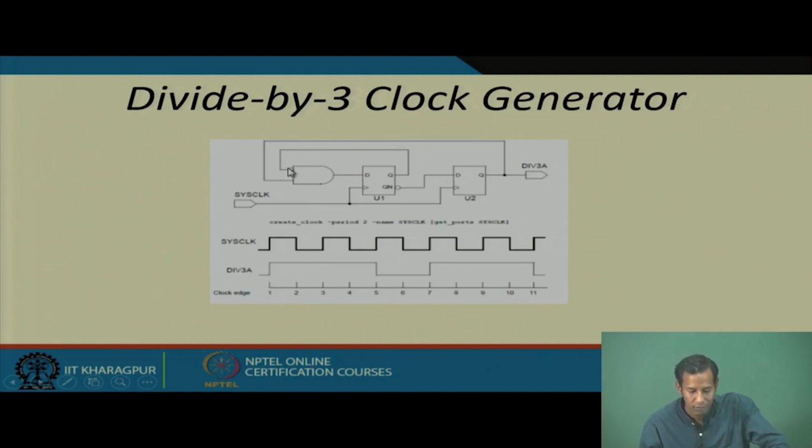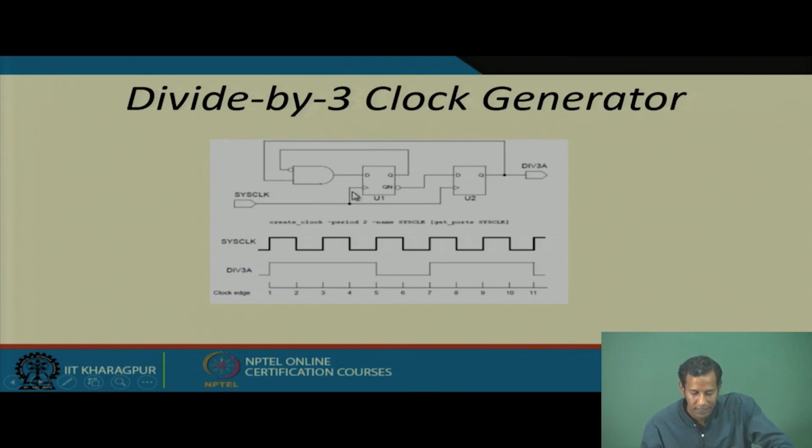So, why is it divide by 3? Mainly it depends on this Q and Q bar. The primary thing is that for divide by 3 we need some terminal count consideration. So, suppose this is the input system clock.